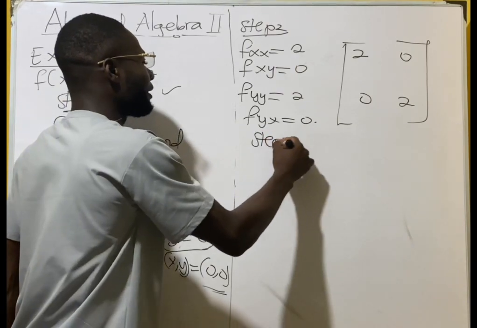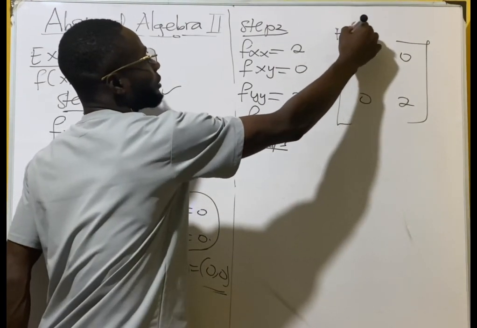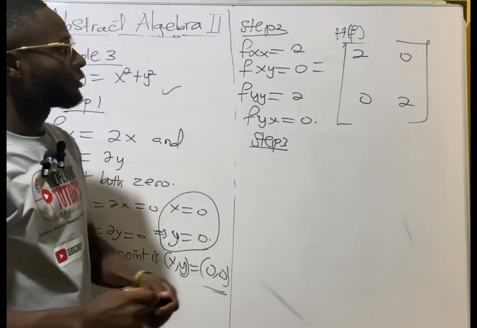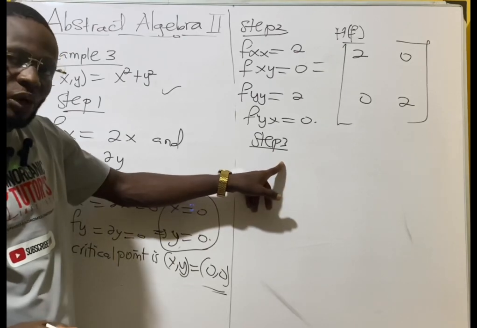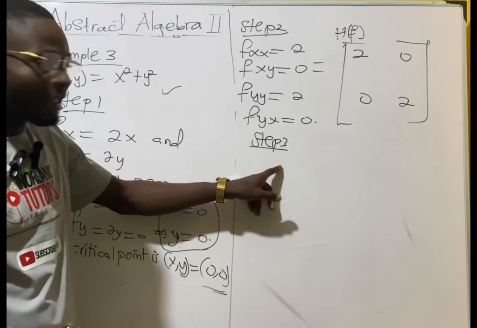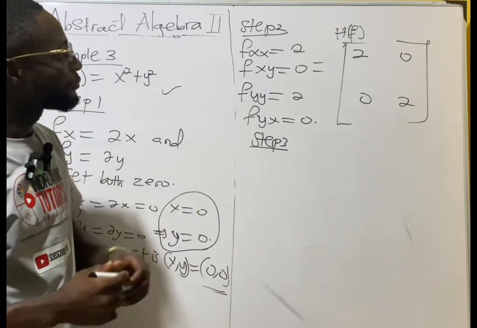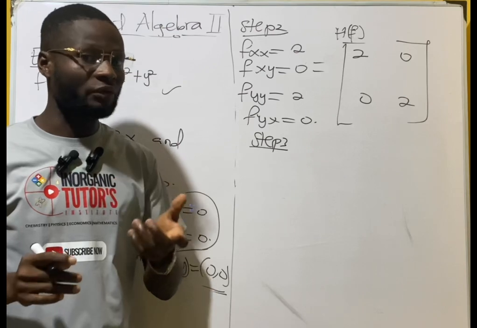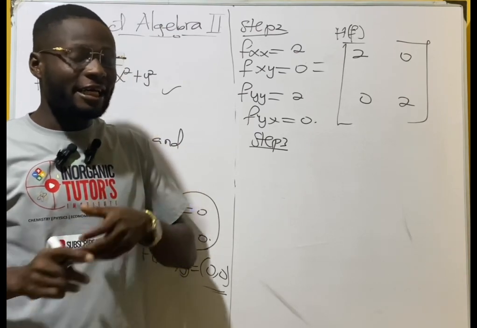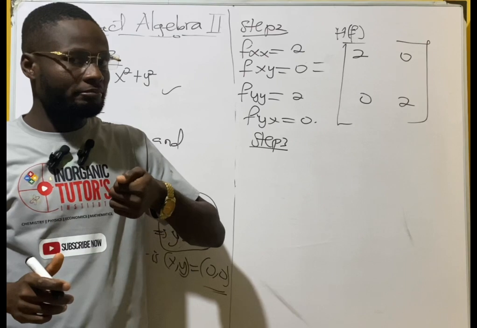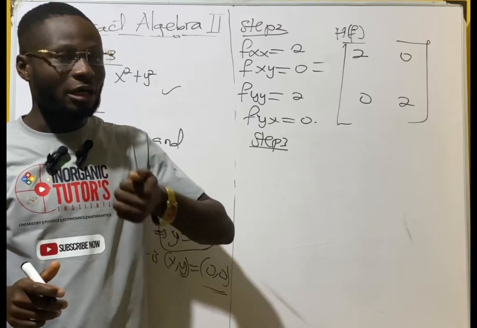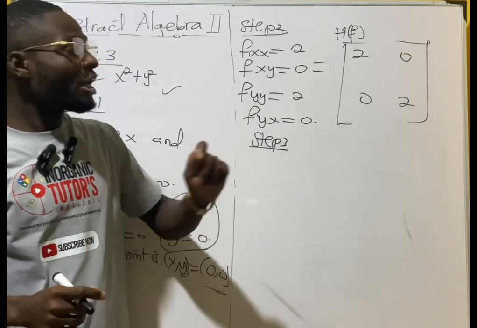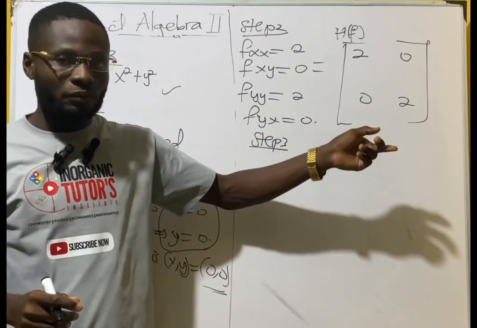Okay. So if you want to use the eigenvalues, that is step 3, right? So this is our Hessian matrix, H of f, given as this. Now, is it local minima or local maxima or saddle point? So step 3 is going to tell us that. Now, if you have a diagonal matrix, then to determine the local maxima or the minima or the saddle point, focus on the eigenvalues, right?